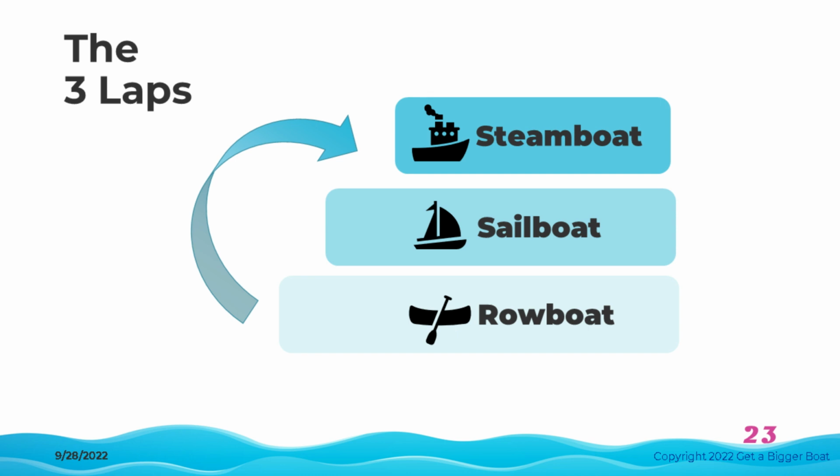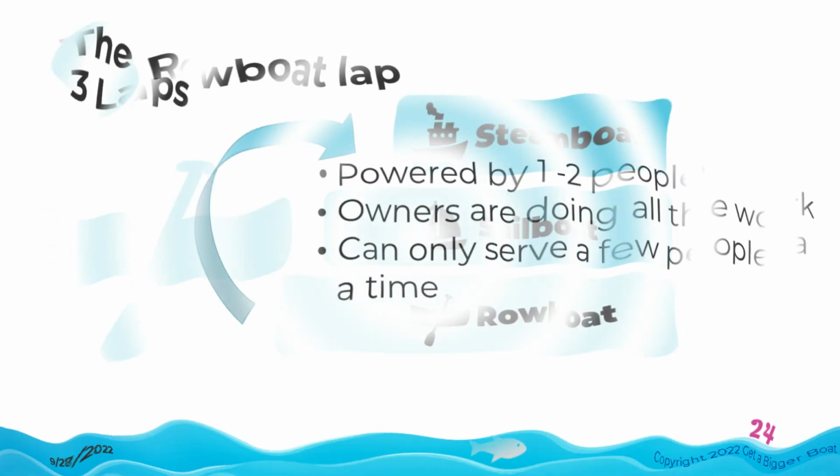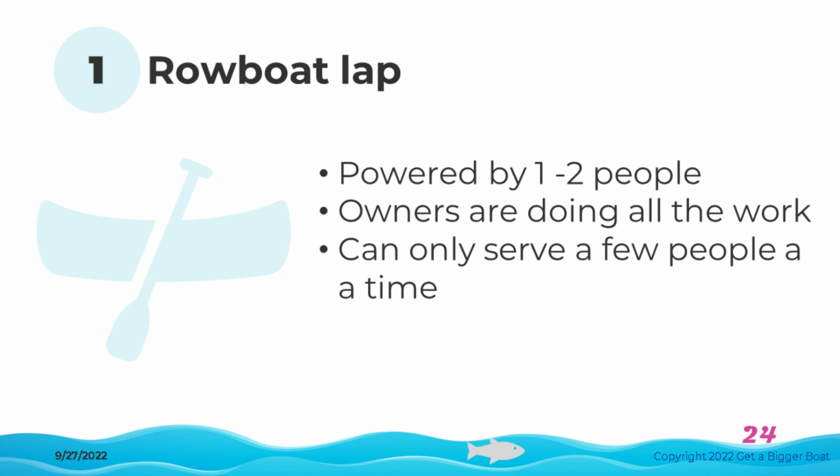This program visualizes your progress as progressively larger boats, because with each new lap, your business is growing. You're getting more customers, more support from contractors and employees, and you are able to go much further each time you complete a lap. The first lap you will go through is the rowboat lap. Rowboats are a lot of work.